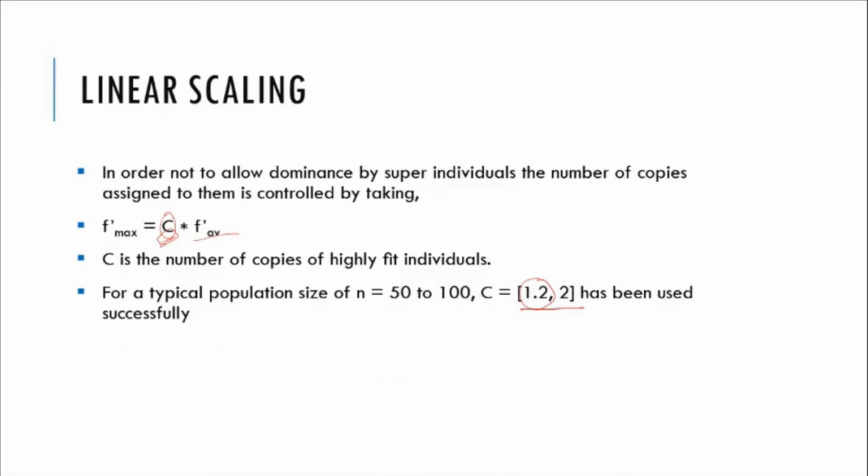Or 20 populations will have 2 copies of the same individual and the remaining 80 will have only 1 copy. That is the average number of copies. So it is 1.2, or it can be 2 also. That is how the number of copies of a particular individual is controlled.